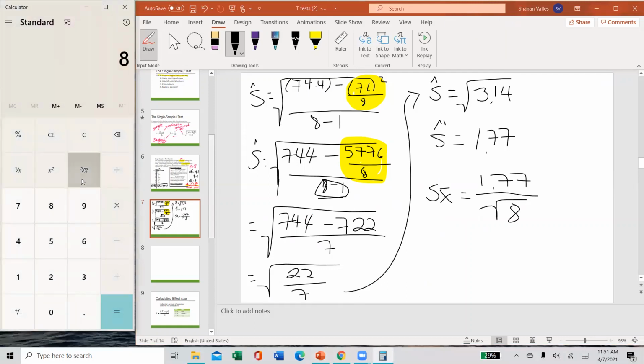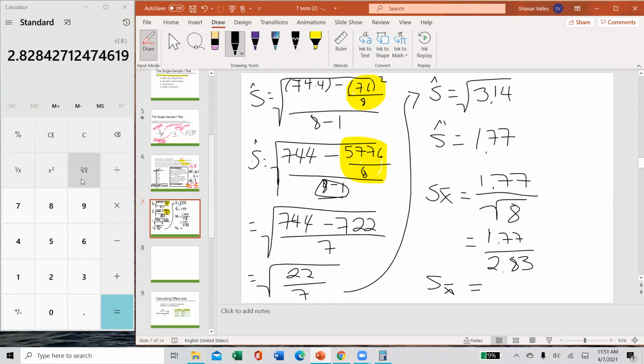So the square root of 8 is equal to that 2.8, we'll round it up to 2.83. So 1.77 divided by 2.83, we get 0.63. I'm going to round it up to that 3, okay? So our standard error is 0.63. See, I told you that one would go fast, right?